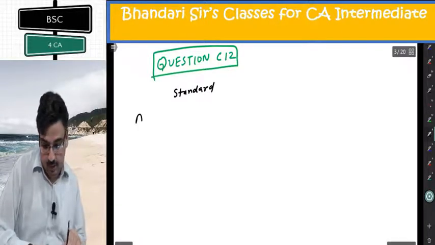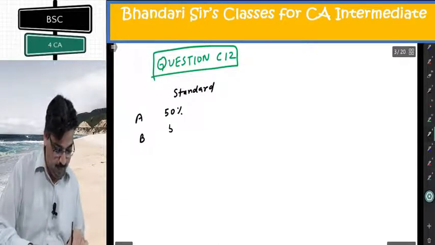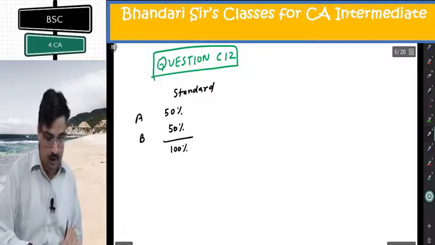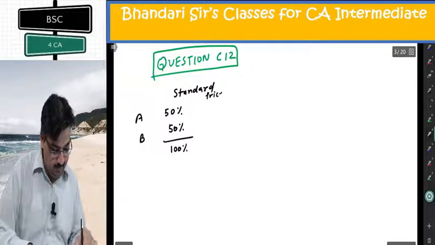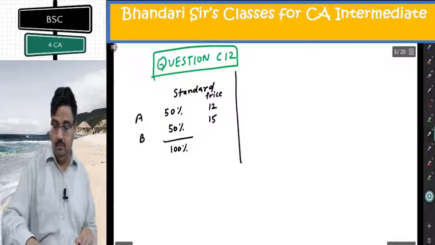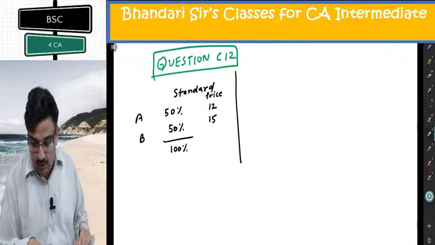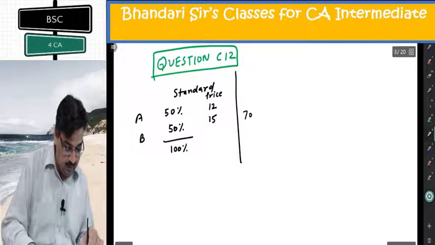Standard A and B 50%, 50%, total input 100%, the price standard 12 and 15, this is all standard. Actual is given for B only 70 kg.